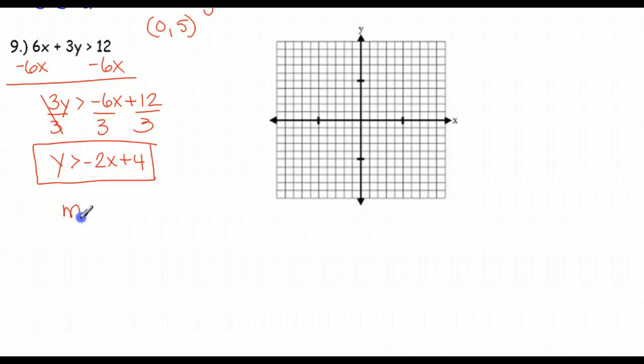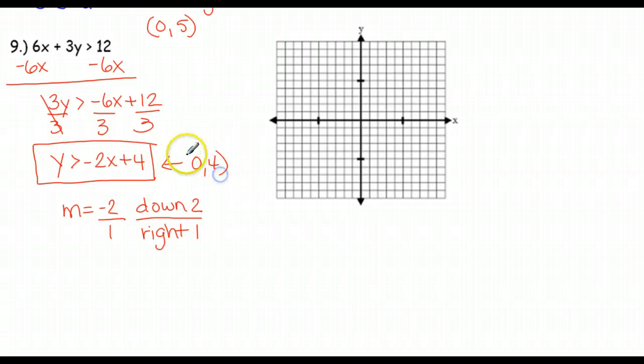Our slope is negative 2 over 1, which means down 2, right 1. And our y-intercept in this case is 0, 4. So first start by plotting the y-intercept 0, 4, which is right here. And then we use our slope down 2, right 1, down 2, right 1.